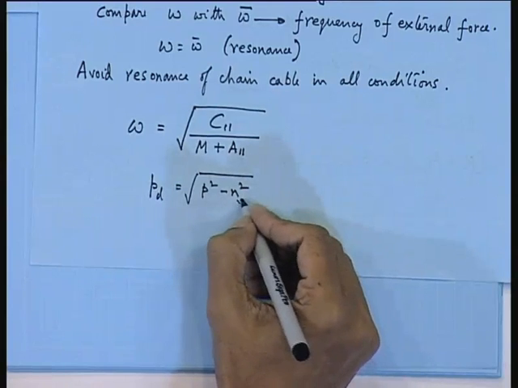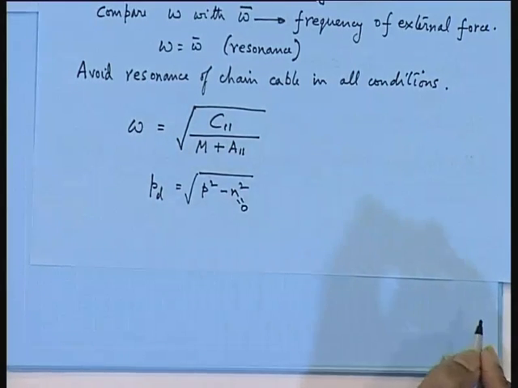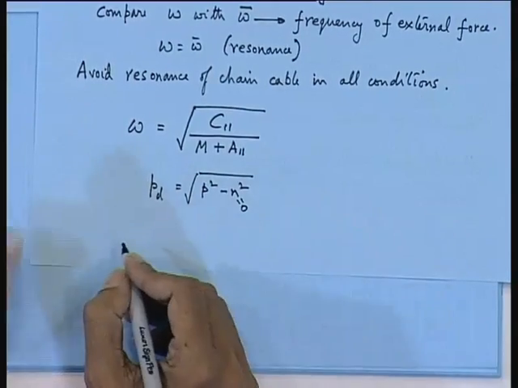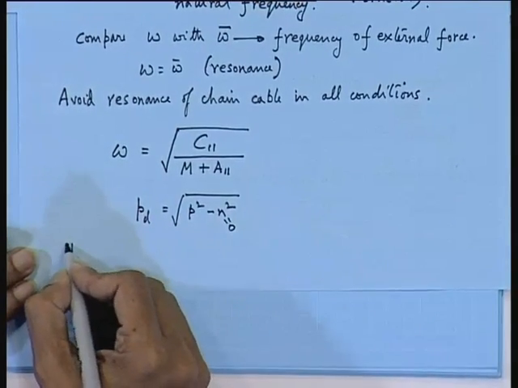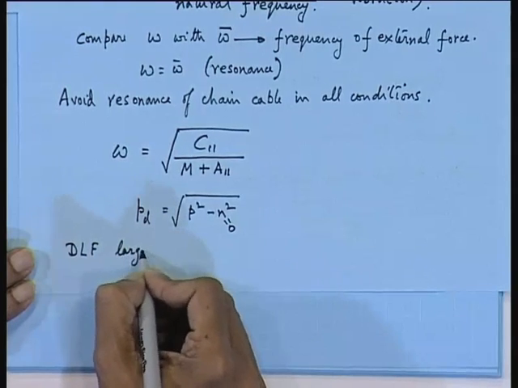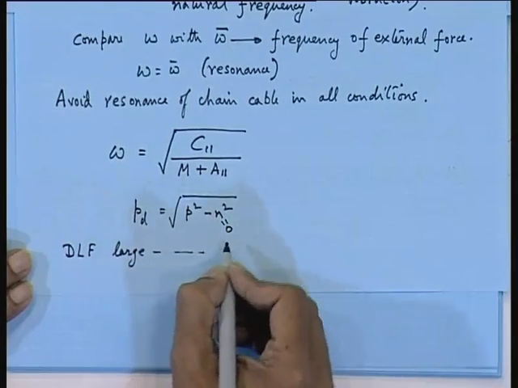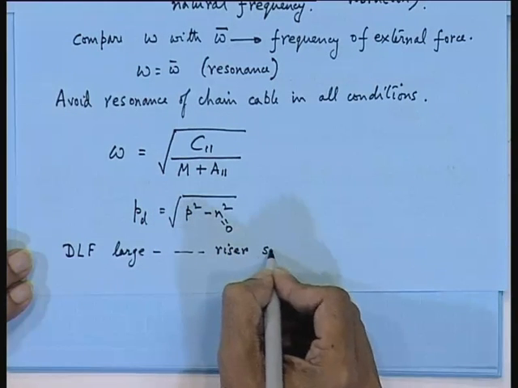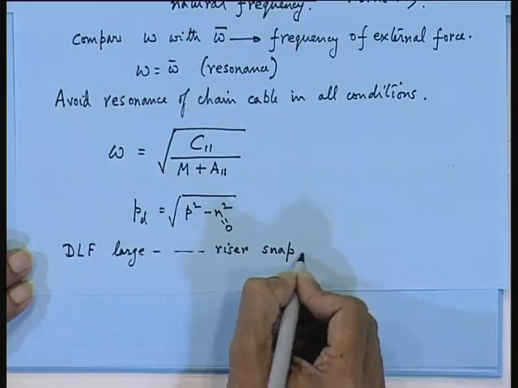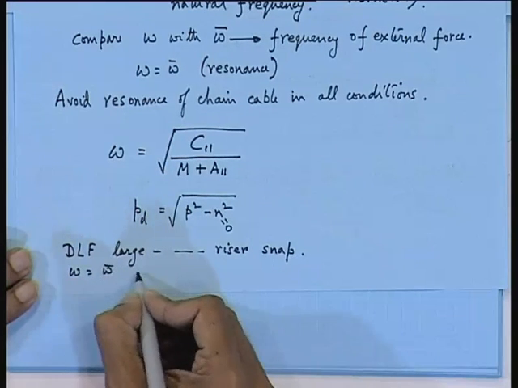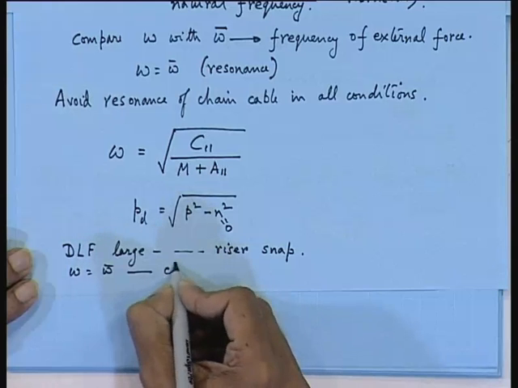The reason is, for our calculation you have taken this as 0. Now, if you have this DLF large, it will be a problem, because this will lead to riser snap. Now, omega equals omega bar will lead to chain cable snap.